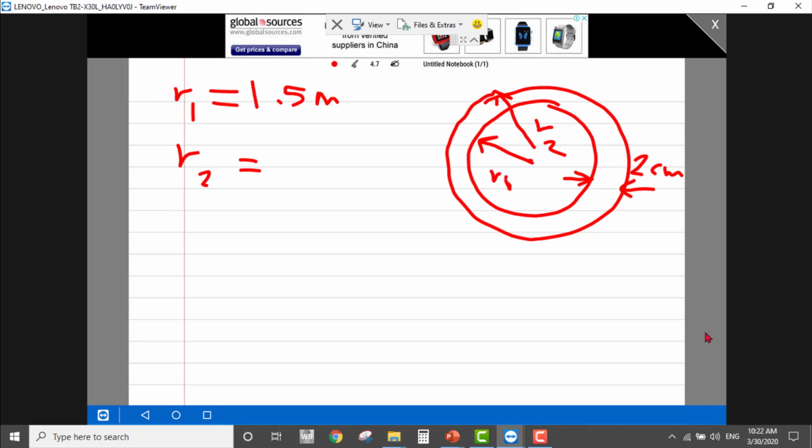So the inner radius is 1.5 meter plus the thickness, 2 centimeter divided by 100 in order to convert it to meter. And then R2 will equal 1.52 meter.